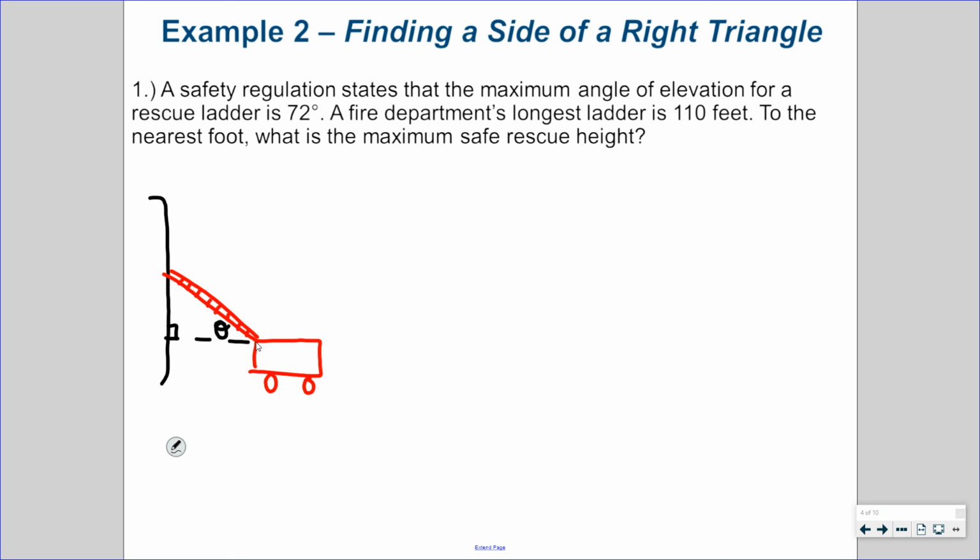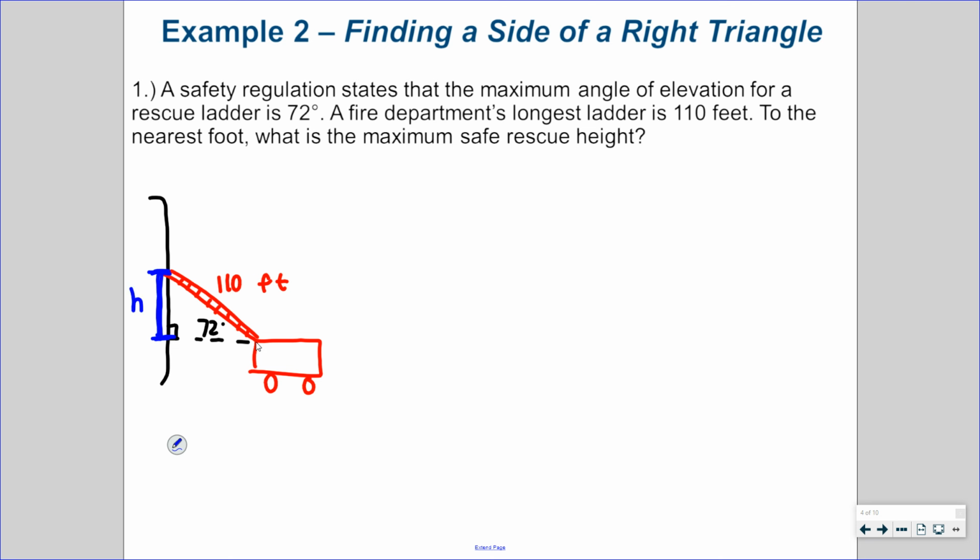So be this angle, my angle of elevation. Oh, we know that. It's 72. Let's label that, 72 degrees. We know the ladder is 110 feet, and we are trying to find the maximum height of the safe rescue height.